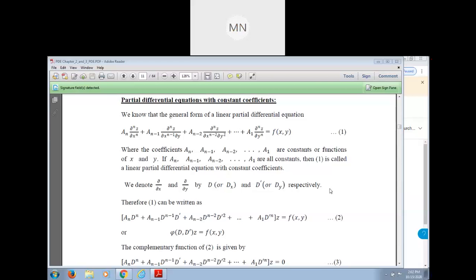We are talking about first order, so p is used to denote the first order derivative. So it is del z by del x. Understand? And q is what? Del z by del y. Yeah, del z by del y.